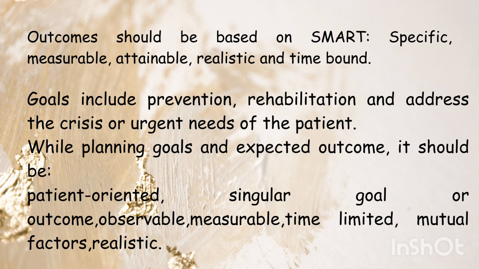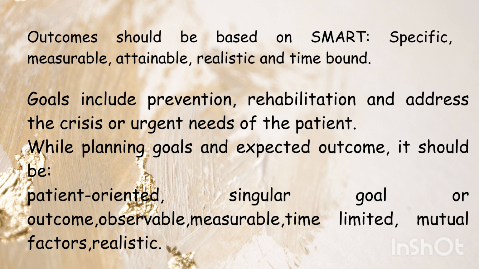Outcomes are defined as expected changes in patient activity, behavior or physical state that evaluate the nursing intervention. Outcomes should be based on SMART: S for specific, M for measurable, A for attainable, R for realistic and T for time bound.